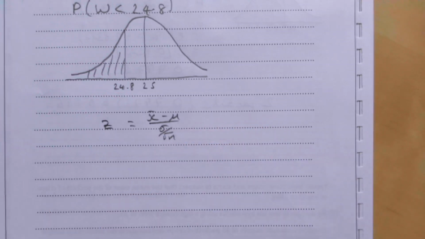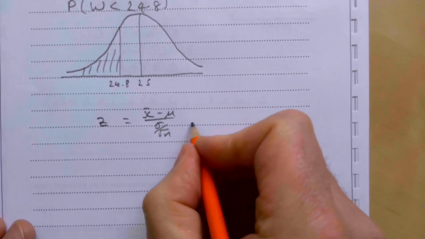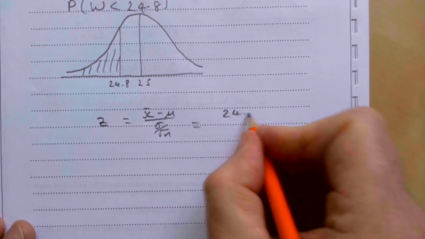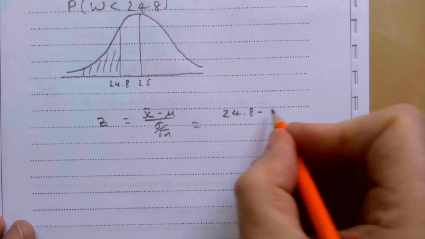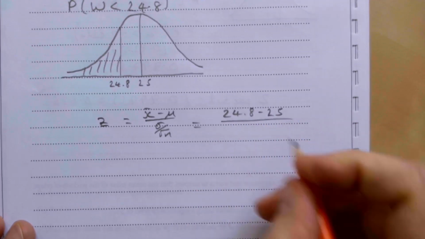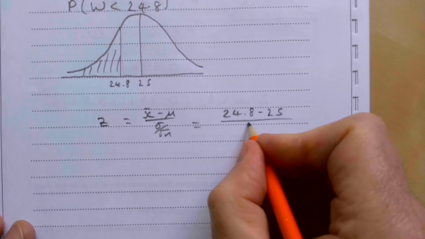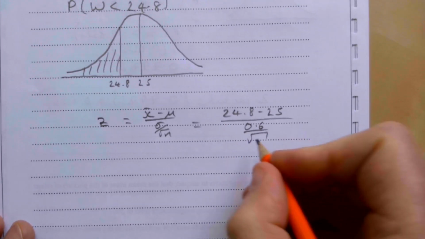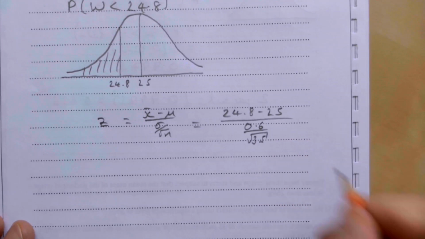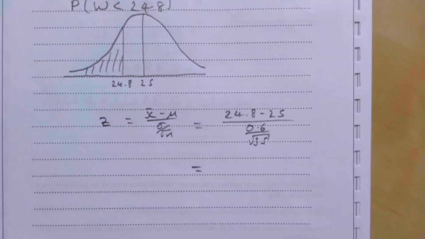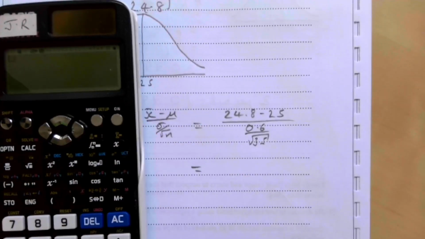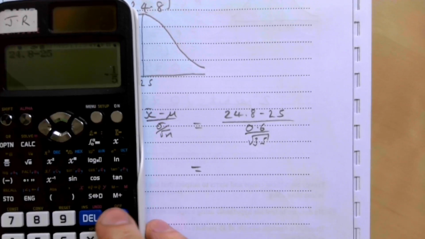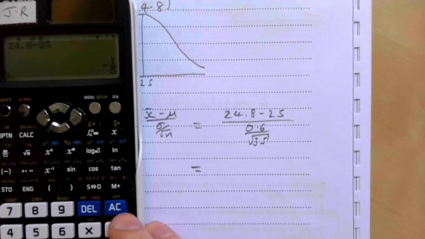Because it's a sample, 24.8 take away 25, all over 0.6. Our sample size, I believe, was 35. So that's obviously that.